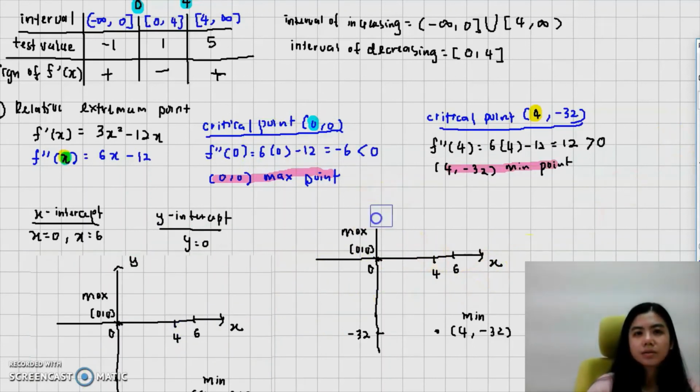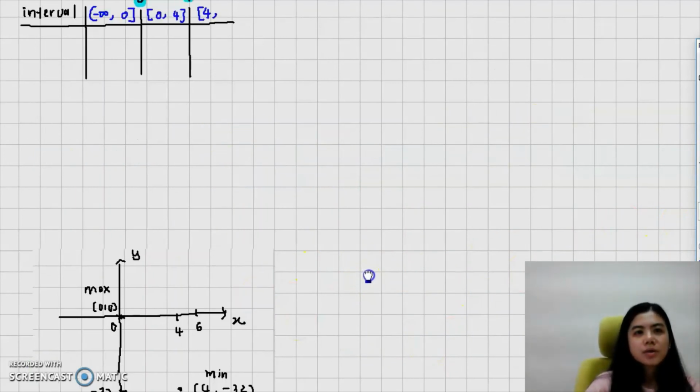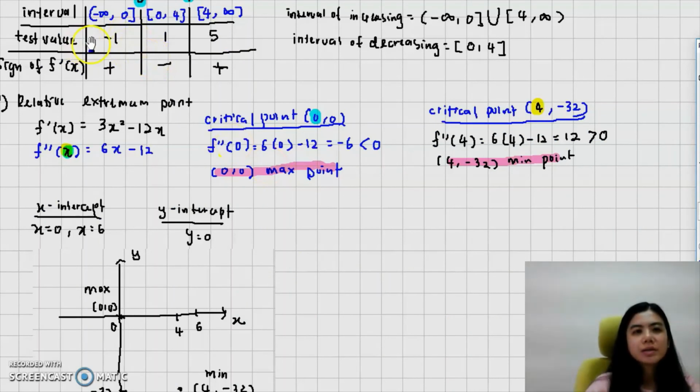So let's look at the intervals of increasing and decreasing. If we're talking about the interval of increasing, that is the positive sign. It means your graph should be going up. The graph should be going up from negative infinity until 0. That is the range from here, so it should be going up.